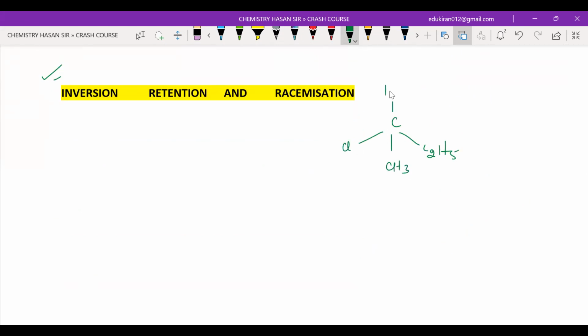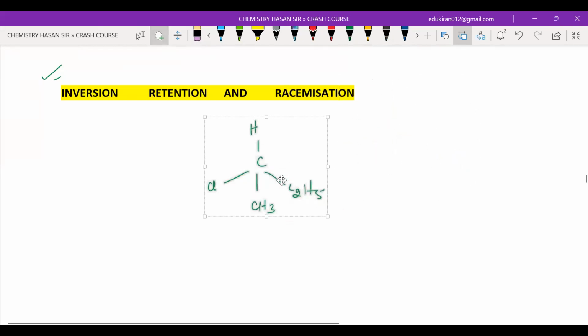I'm going to react this with the nucleophile. Let's see what will happen.